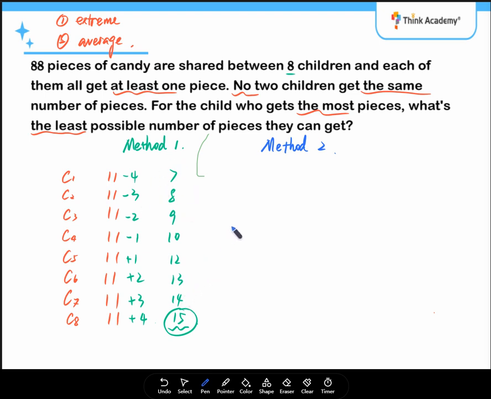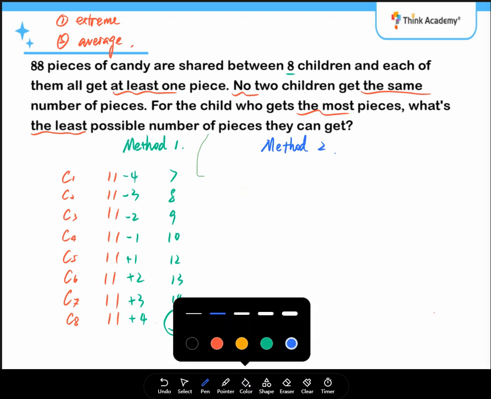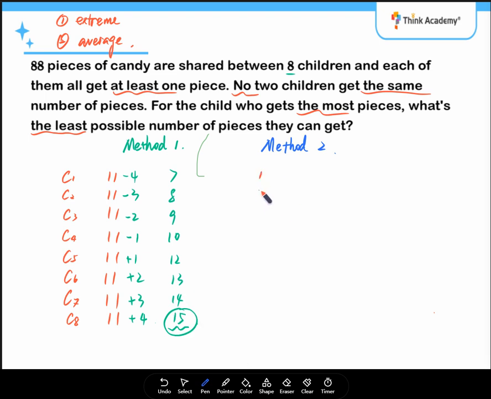Now let's move on to the second method. I will complete my explanation about the second method first, and you try to follow my reasoning. Since all those children get different numbers of candies, at least the number of candies they get is 1, 2, 3, 4, 5, 6, 7, and 8.